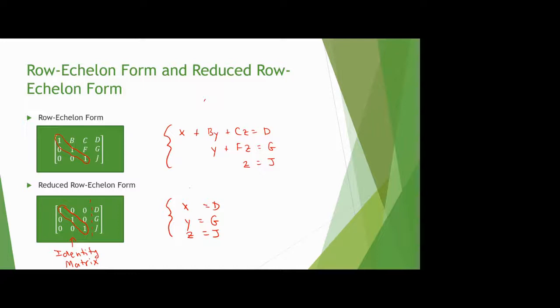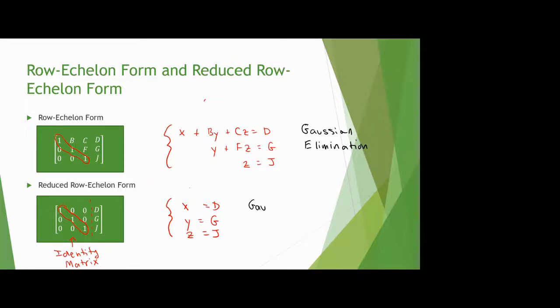So for the two different forms for solving, we have Gaussian elimination, and we saw that's what gets you the row echelon form. Now, reduced row echelon form is used in Gauss-Jordan elimination.